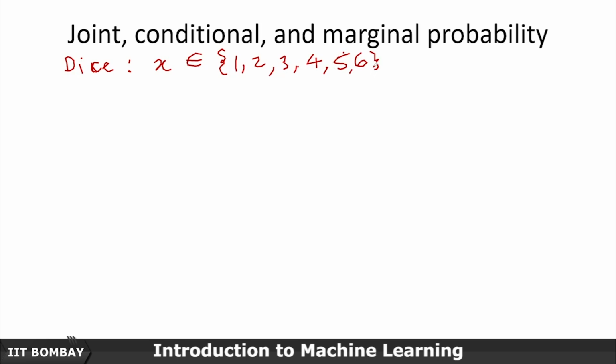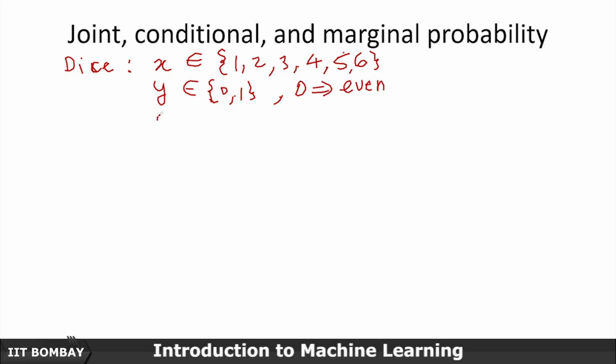But then let's define y as the event that the number that comes up is an even number. So this will be a binary variable, 0, 1, where 0 implies even and 1 implies odd.